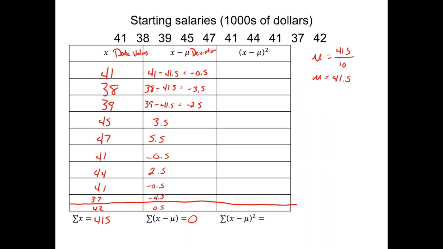If we were to add all these up and got a negative number, that would mean more of your data is below the mean than above the mean, in terms of distance. Or if you got a positive number, more of your data is above the mean than below the mean. For the ones we're going to do in this class, it's going to be 0 or very close to 0.